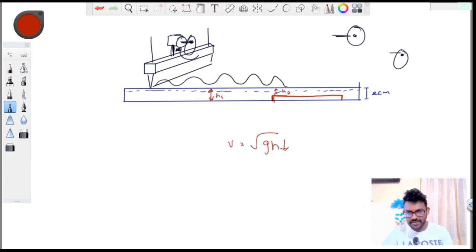When h decreases, the velocity decreases. So decreasing velocity means it's like a denser medium. When the velocity is higher, we can consider it a rarer medium. When the velocity is lower, we can consider that a denser medium. Now the wave is going from the rarer medium to the denser medium.